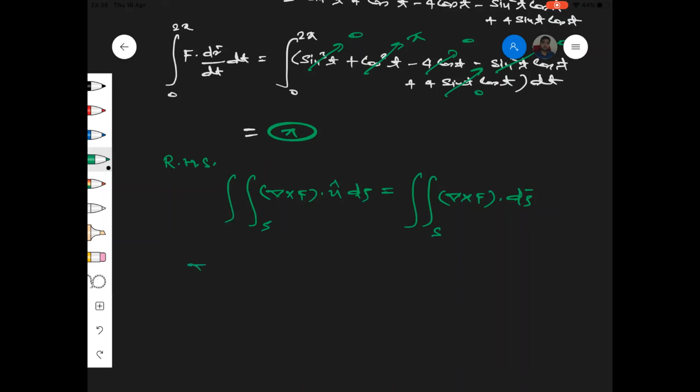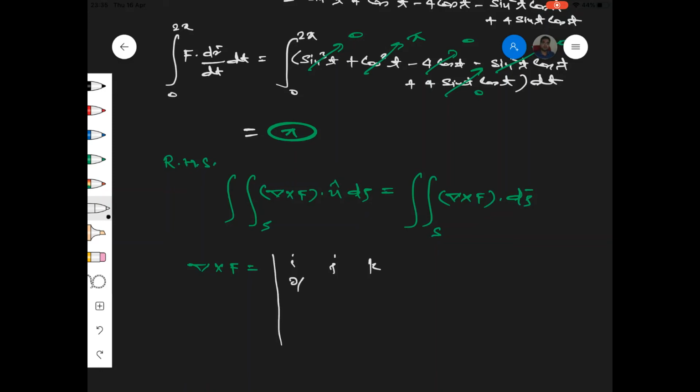So now first evaluate del cross f. So del cross f is going to be the determinant with i, j, k. Let's put the values of x, y and z here.